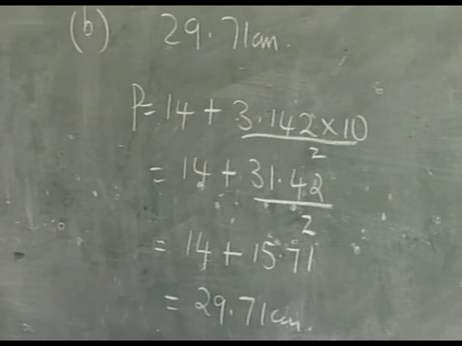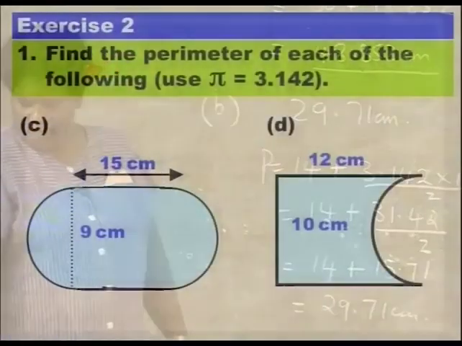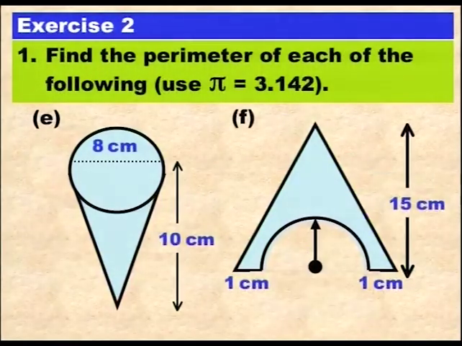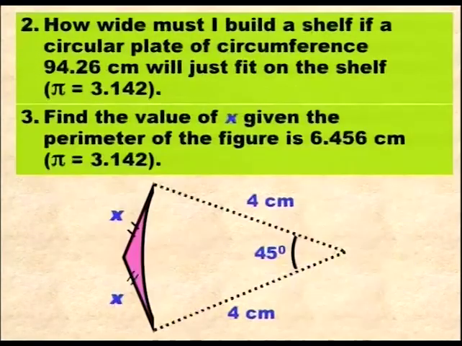All right, what you are going to do for homework is this. You are going to complete exercise 1, which has letters C to F. Then 2 and 3. Note for question 3, it says find the value of x given that the perimeter of the figure is 6.456.